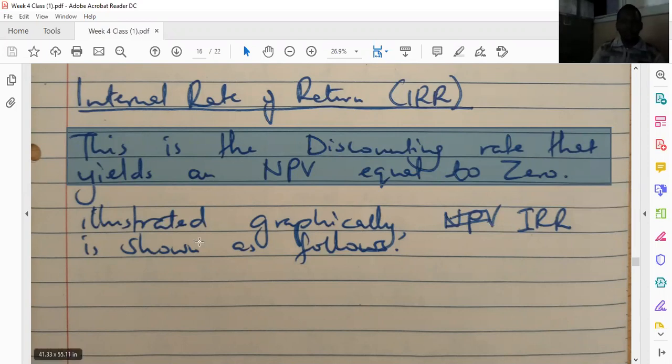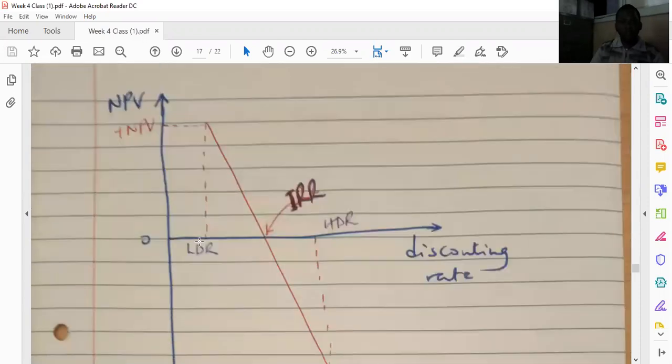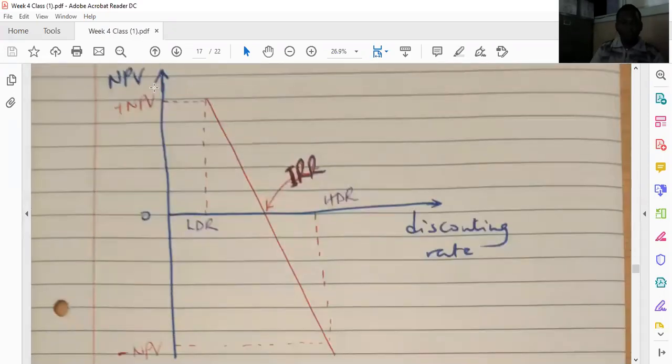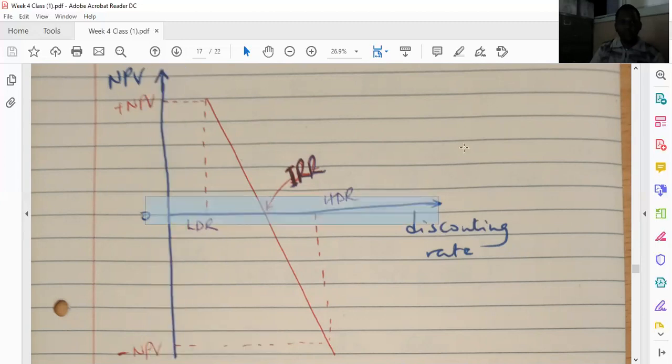So the internal rate of return can be illustrated graphically as follows. On the vertical axis, we have the NPV. On the horizontal axis, we have the discounting rate. So the relationship between the net present value and the discounting rate is a negative one.